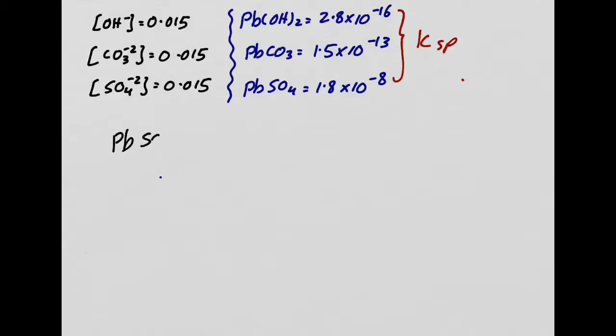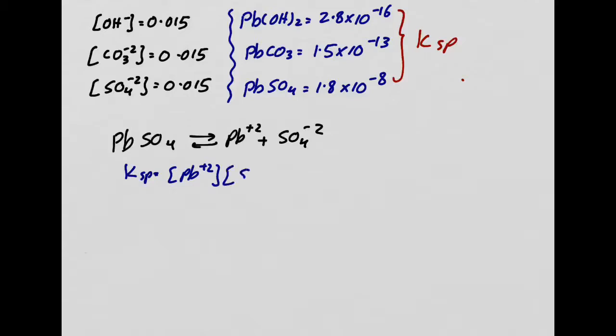So I have lead 2 sulfate, which again goes back and forth to lead plus 2 and sulfate, that doesn't change. And I can do the KSP, right? Okay, so let's do the KSP for this one. Again, the KSP is the concentration of lead plus 2 times the concentration of sulfate.